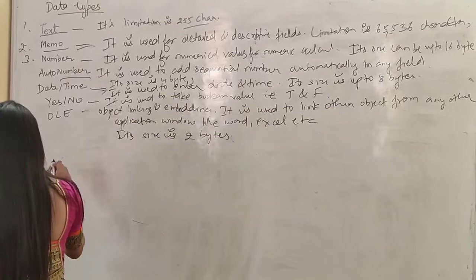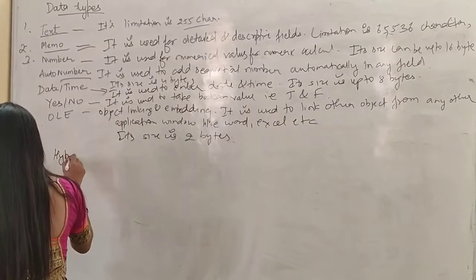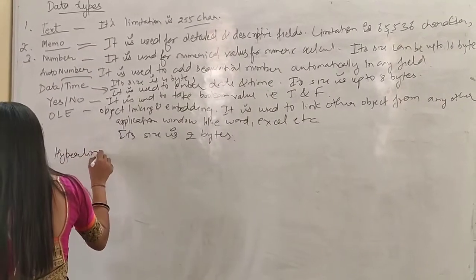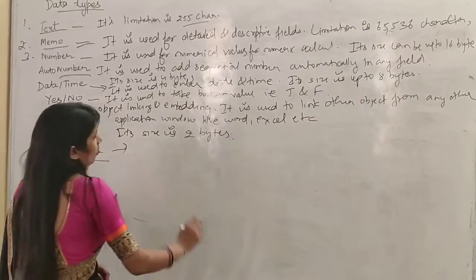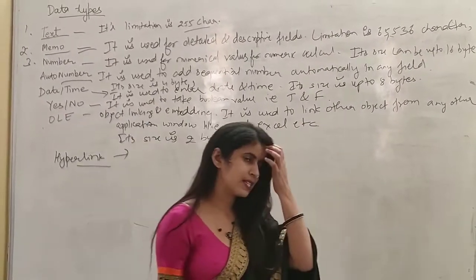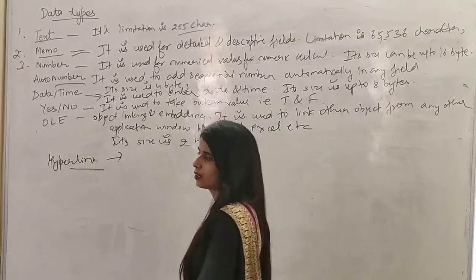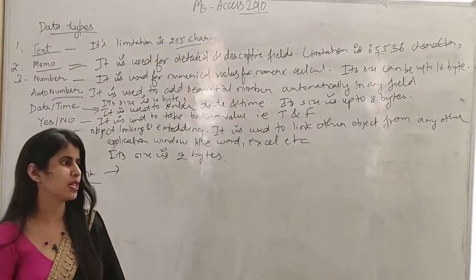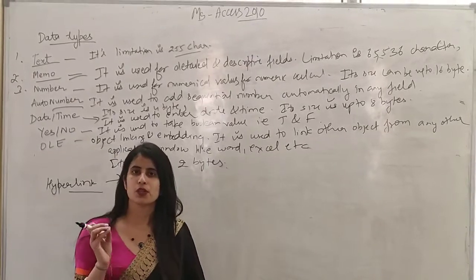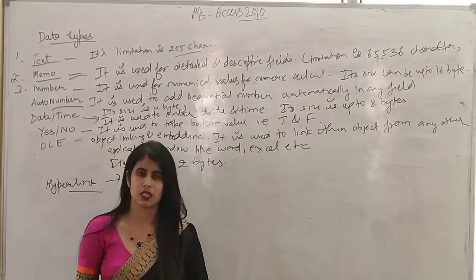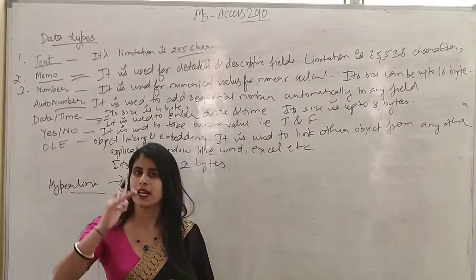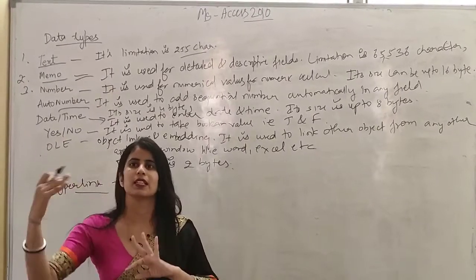The next one is hyperlink. What is hyperlink? Mainly when we click on any link that is provided to us. So when we search on Google, we see a link. When we click on that link, it navigates us to other pages.